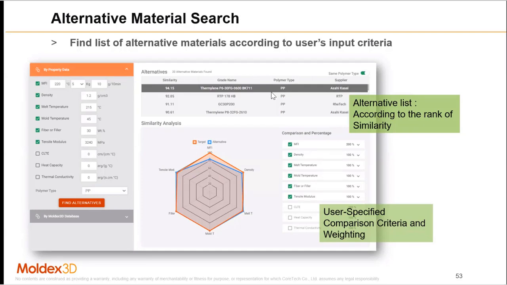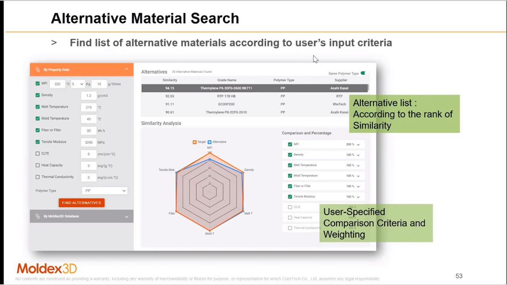We hope in the future we can provide more and more different viewer tools or check-in tools to help users utilize this database not only for simulation purposes, but also use this kind of data in their design stage. And the second key function is alternative material search.